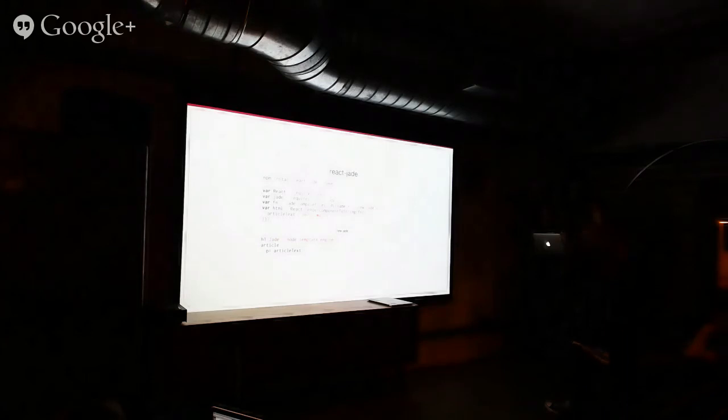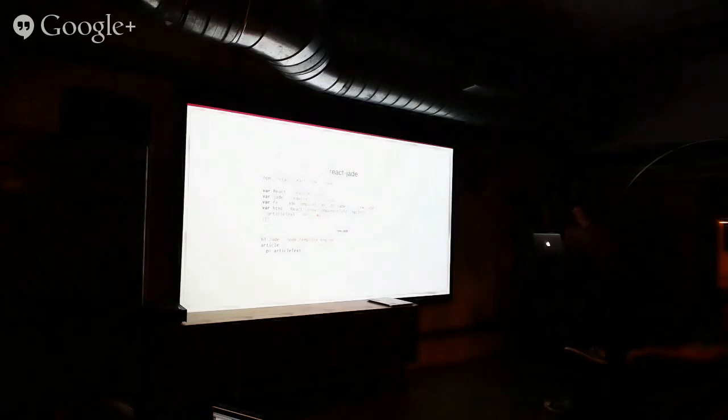So we can use jade.compileFile with the view.jade file name, and then we can call that function and we'll get back a React component. And say we were on the server side, we could then use React.renderComponentToString and get the HTML string out of that, which feels like kind of back where we were 10 minutes ago with Jade.